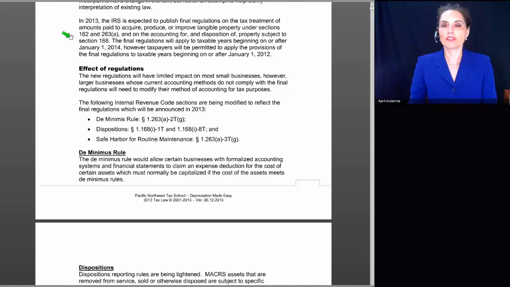The final regulations will apply to taxable years beginning after January 1, 2014. However, taxpayers will be permitted to apply the provisions of these final regulations to taxable years beginning after January 1, 2012. So right now we're in a transition phase where it's permissible to not use the new procedures, and it's also permissible to use the new procedures. You just need to make a decision about what you're going to do.